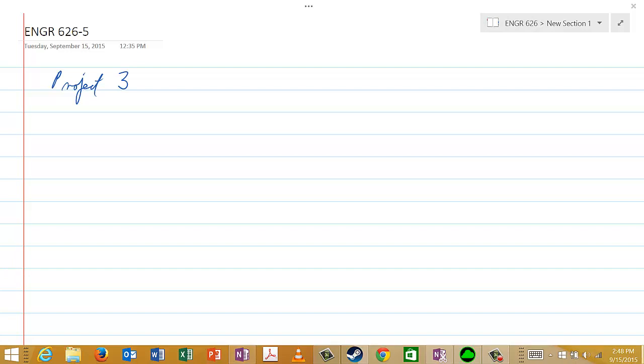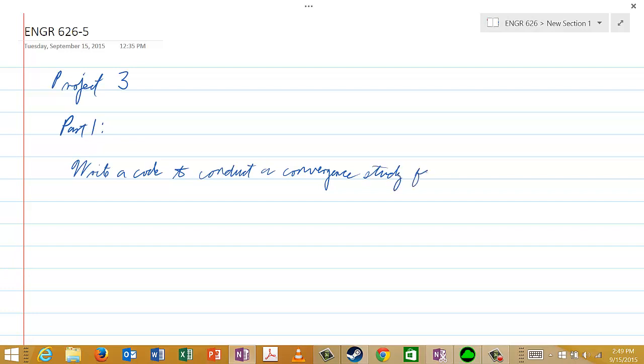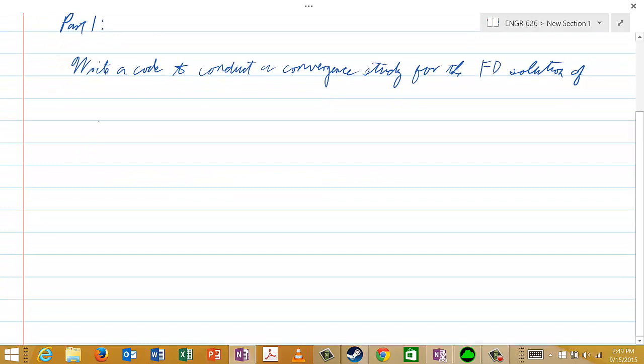So, part 1, write a code to conduct a convergence study for the finite difference solution of d squared y dx squared plus k squared y of x equals 0.